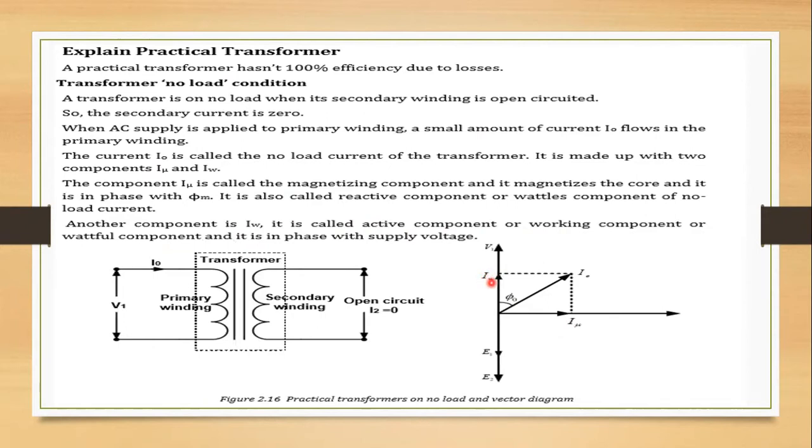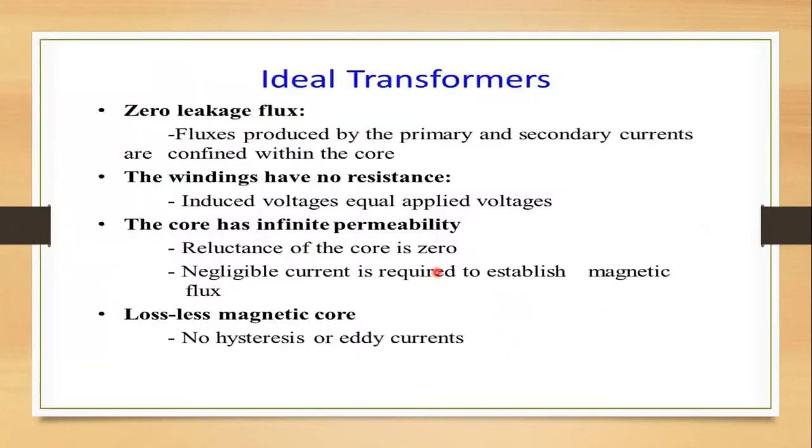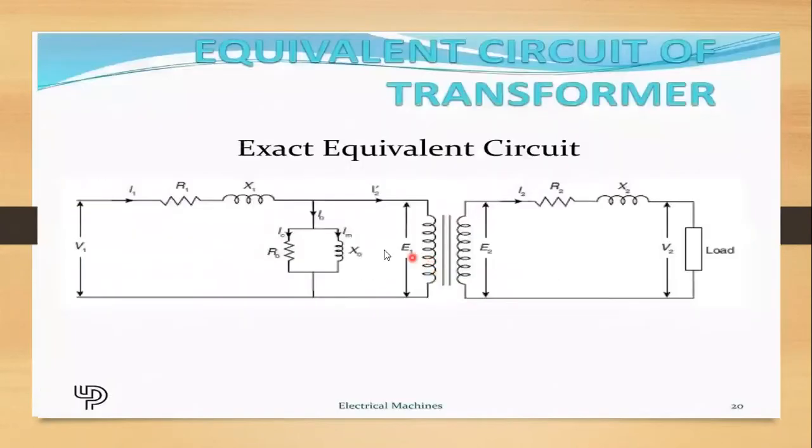The other is the magnetizing component. This is because of the magnetizing flux and can be represented as a reactance, the current flowing through the reactance X0. So I0 is divided into two components.